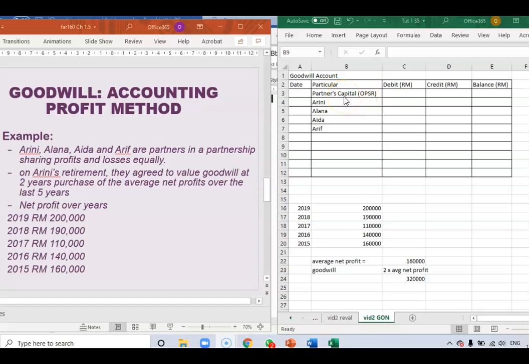First you need to credit the goodwill account, and on the debit side of goodwill, use the profit sharing ratio that they are using, 25% each. So the goodwill is 320,000 multiplied by 25%.